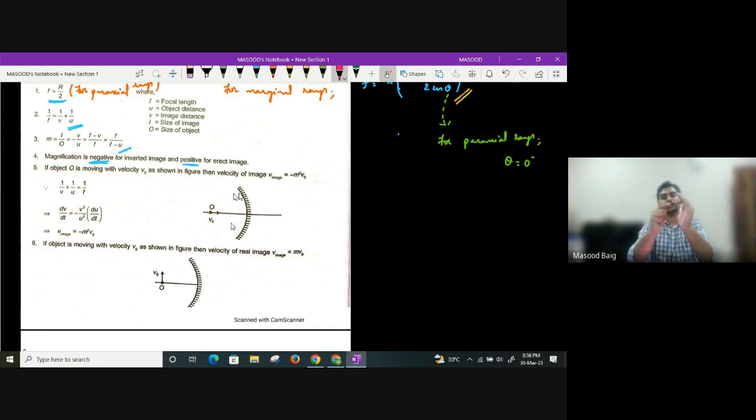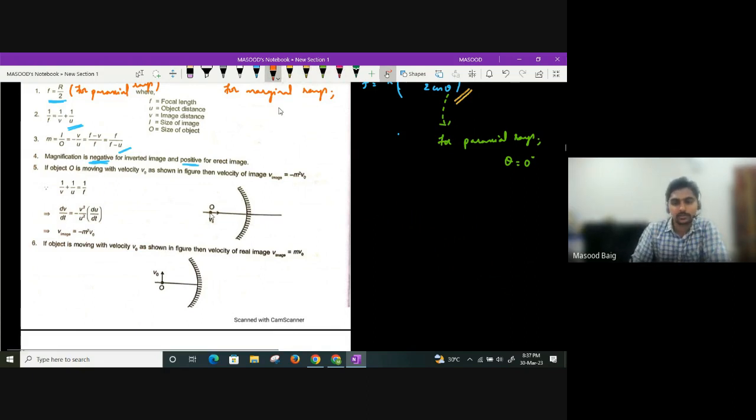Okay. If inner surface is silvered, then it is going to behave as convex. If outer surface is silvered, then it is going to behave as concave. So these all three, plane mirror, concave mirror, convex mirror, they are all part of a certain sphere. If we are taking a small part, either of the surface you silver, it is going to behave as plane mirror. If you are taking a considerable part of the sphere, if inner surface is silvered, convex. If outer surface is silvered, it is going to behave as concave. So these are the three types of mirrors that we usually study, guys.